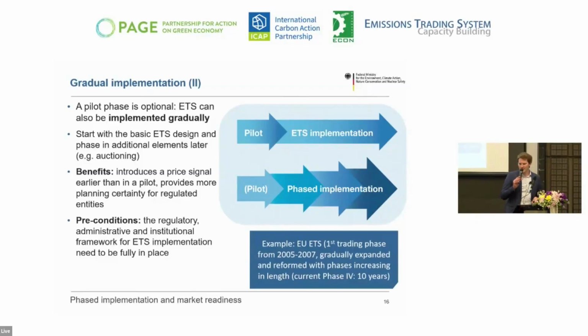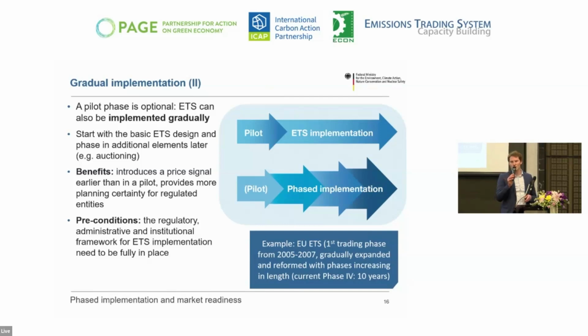An example of that is the EU ETS, the first trading phase that ran from 2005 to 2007. That was not officially labeled a pilot, but essentially functioned as one. And from there on, the EU ETS gradually expanded, phased in more elements, and reformed with different phases that were also increasing in length.